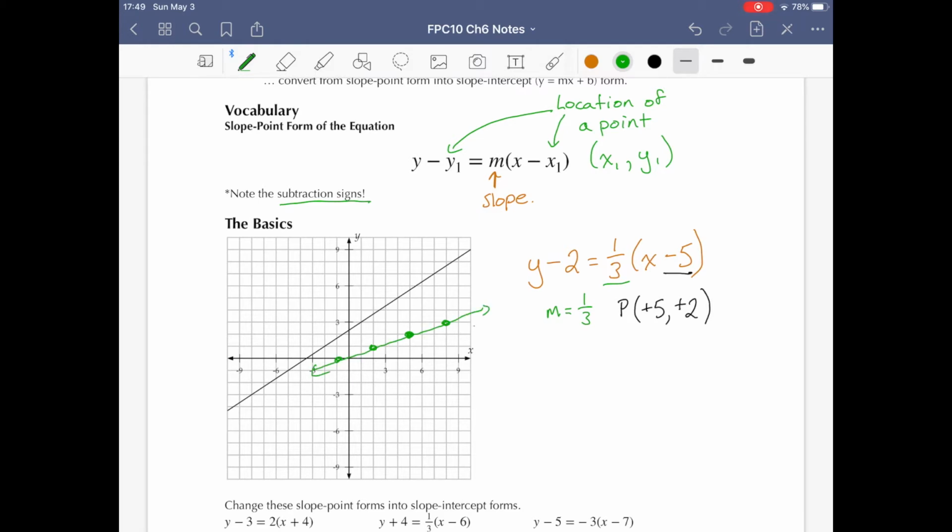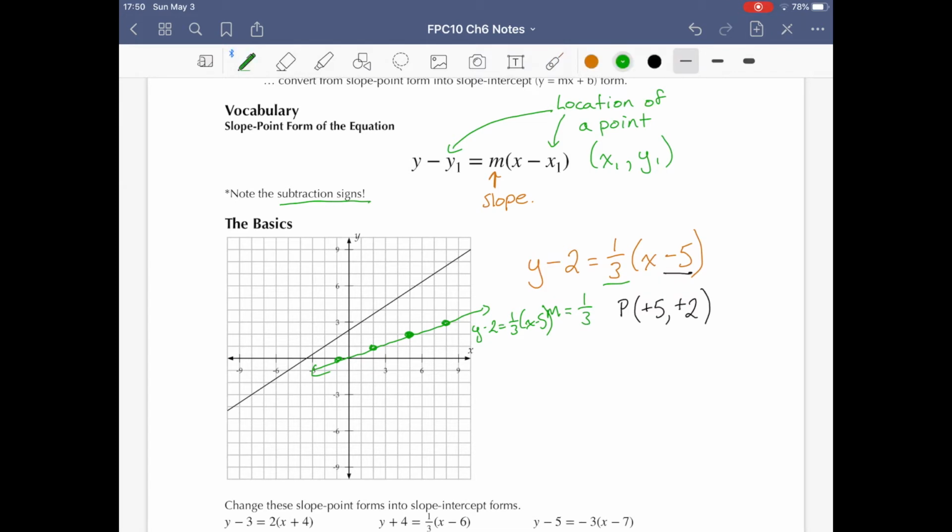That is our equation, y minus 2 equals 1/3 times x minus 5. So, again, this is the slope. Switch the sign on this to get your x value for your point. Switch the sign on this to get your y value for the point.